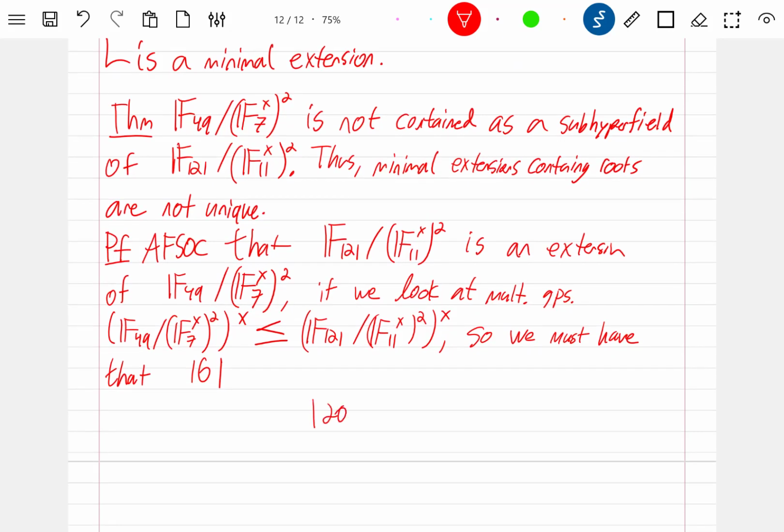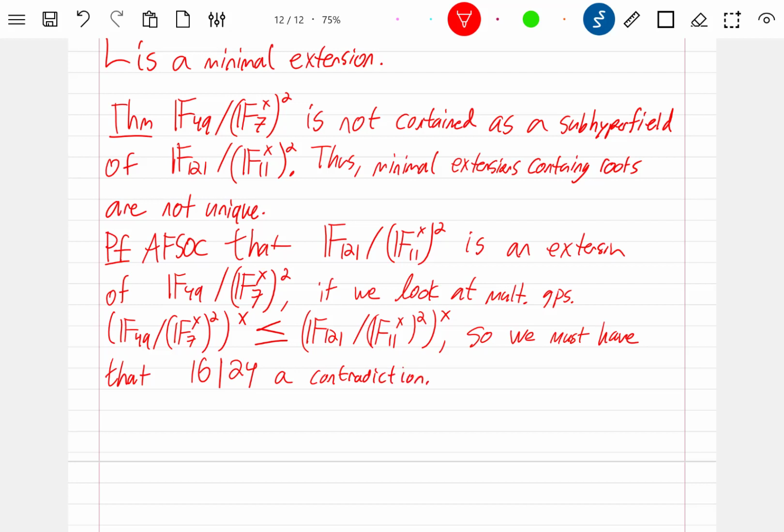Well, we have 120 non-zero elements of F121, and we're modding out by 5 squares, so this group has 24 elements. If F121 mod the squares were an extension of that, this would imply 16 divides 24, a contradiction.